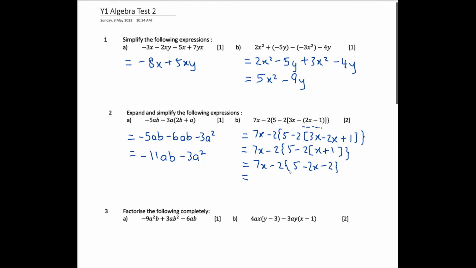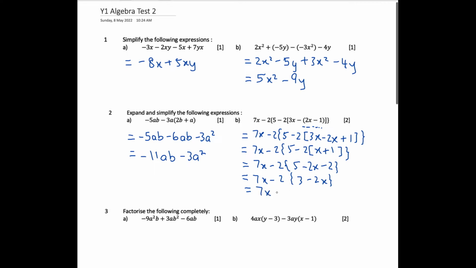Once again, we simplify what is in the curly brackets before we open it up. Five minus 2 is 3. And now we open up the simplified form.